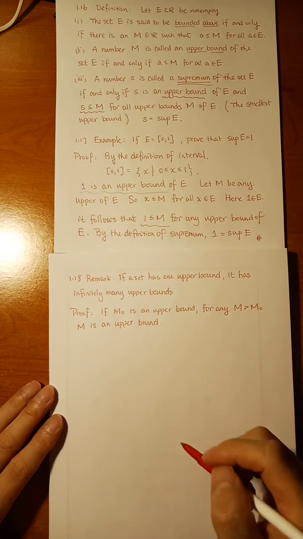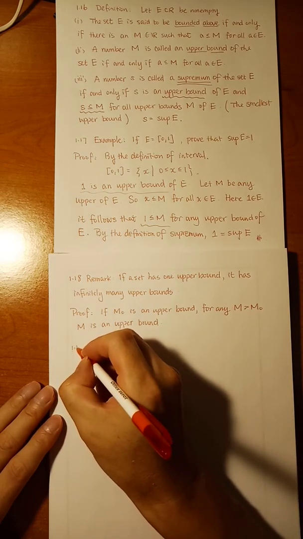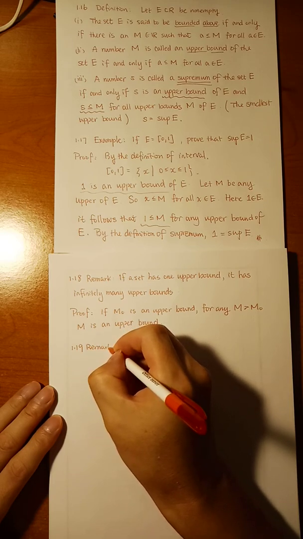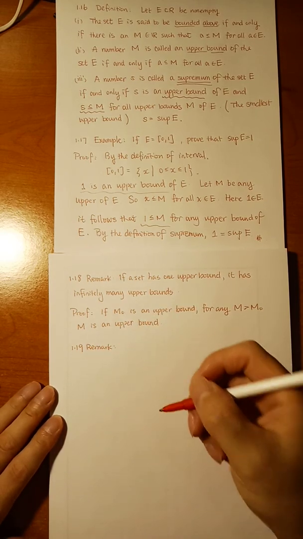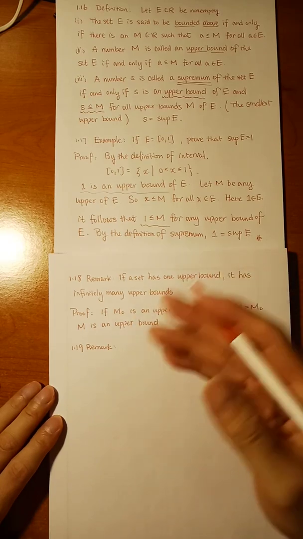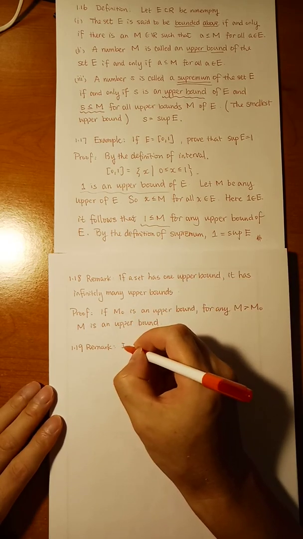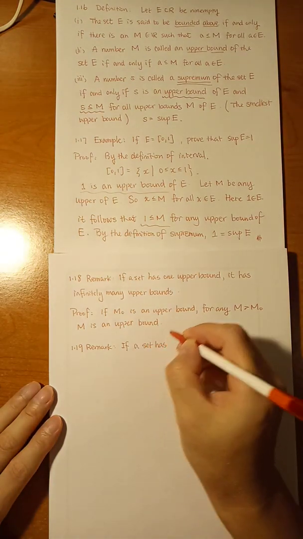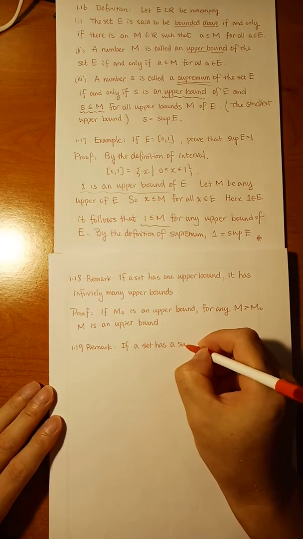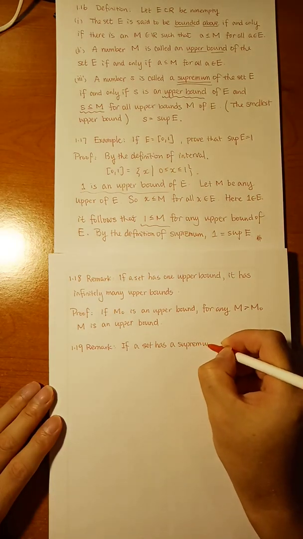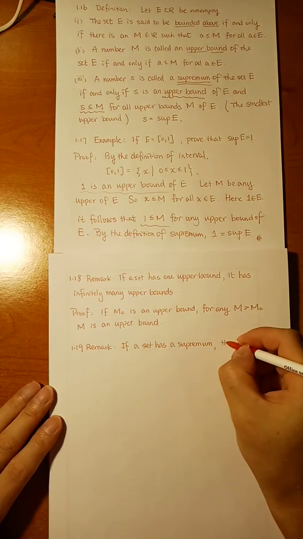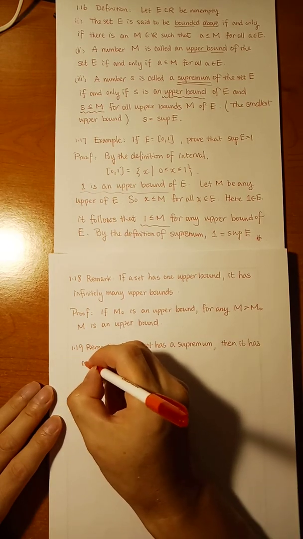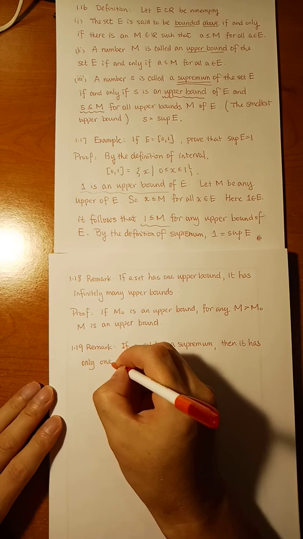But the supremum is unique. So we're interested in unique elements. The infinitely many elements is not that interesting. So if a set has a supremum, then it has only one supremum.